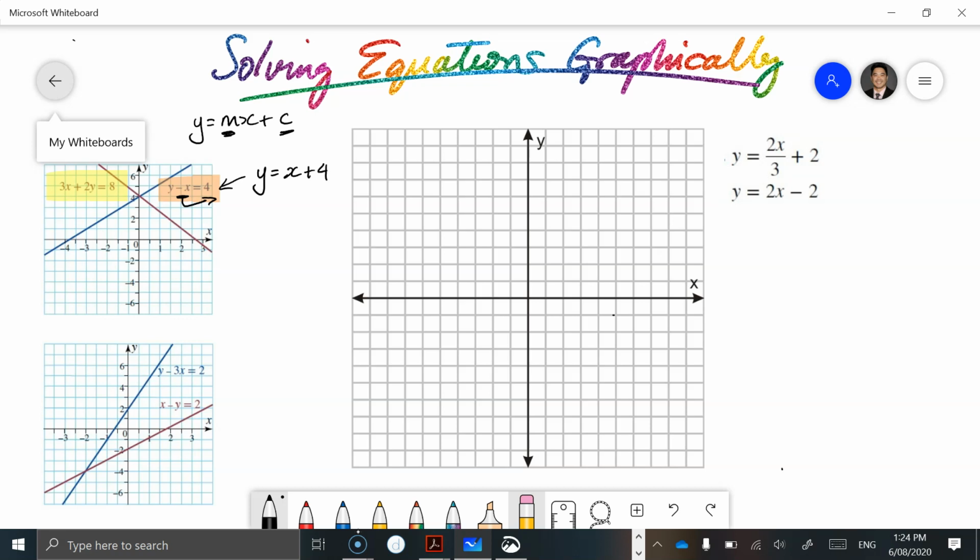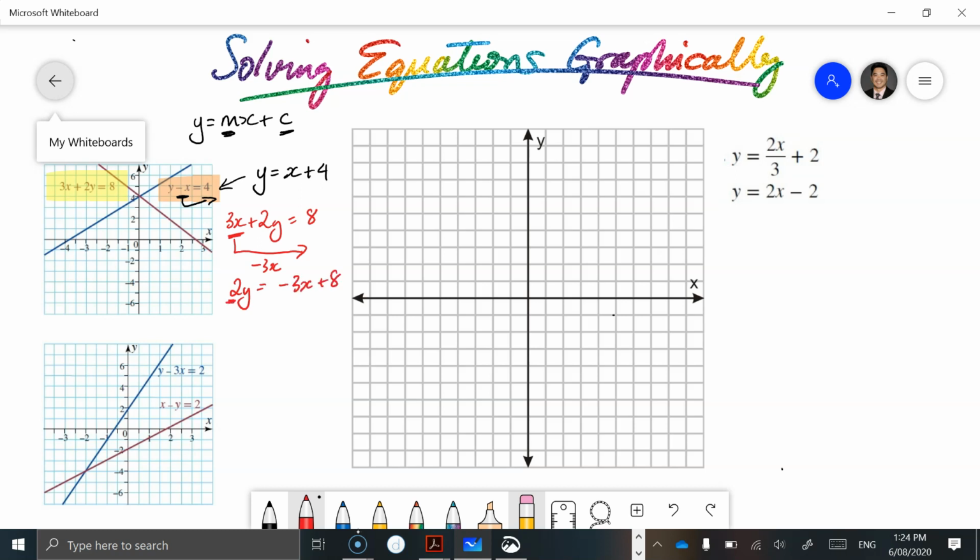If we were to look at the other line and rearrange it, we'll start with 3x plus 2y is equal to 8. We're going to move the 3x to the other side by subtracting 3x. So we have 2y is equal to minus 3x plus 8.